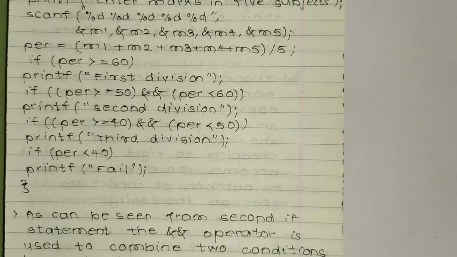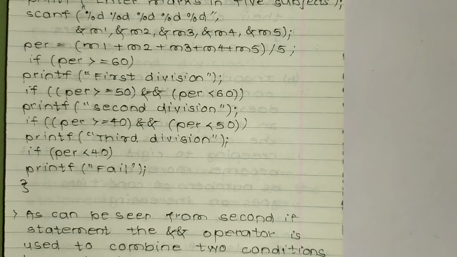So here we used the and operator. Now if per is more than or equal to 40 and per is less than 50, printf third division. Now if per is less than 40, then printf fail.